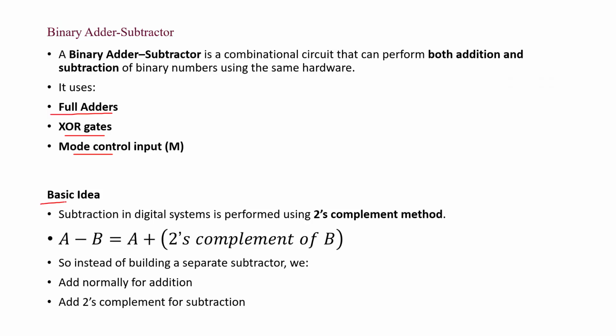So the basic idea is that subtraction in a digital system is performed by the 2's complement method. I'll tell you first about 2's complement. Suppose I want to change this number to its 2's complement. First we need to find the 1's complement. What is the 1's complement? We negate the same number: opposite terms, 1 for 0, 0 for 1, 1 for 0, 1 for 0.